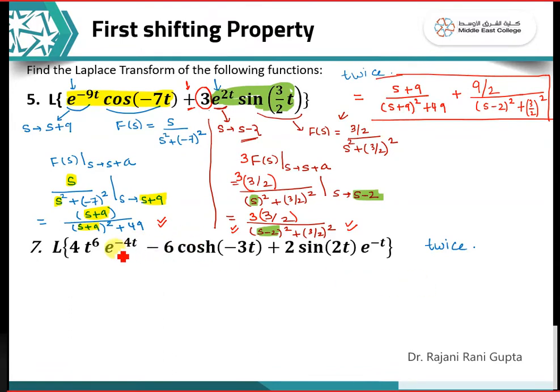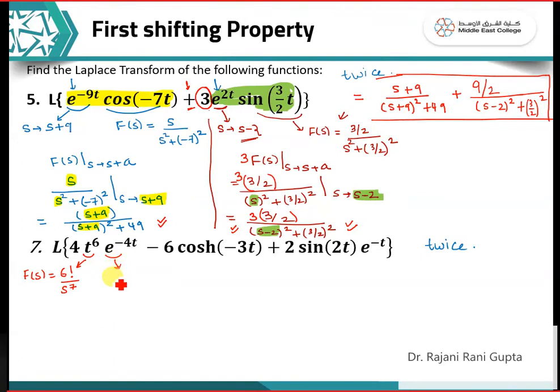So in this question, we apply it in the same way for this one. It doesn't matter on which side e power minus 2, e power minus 80 is written. Okay. So t power 6 here will give you F(s), which is 6 factorial over s to the power 7.